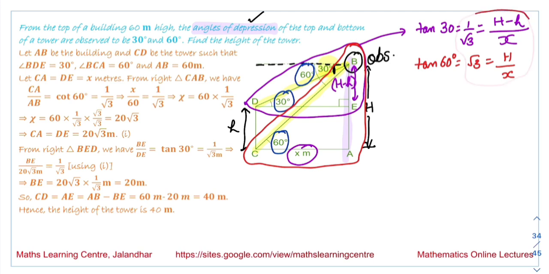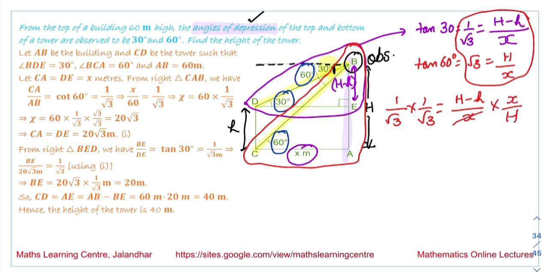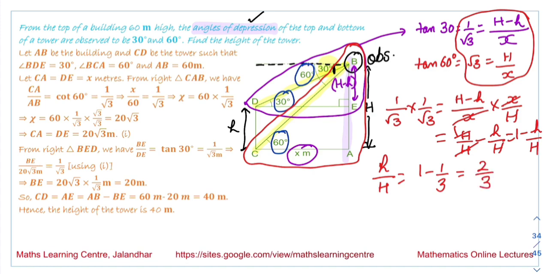If we divide both these equations, we get 1 by root 3 into 1 by root 3 is equal to capital H minus h over x into x over capital H. These x get cancelled, and we are left with capital H minus small h over capital H. This is equal to 1 minus small h over capital H. So small h over capital H is equal to 1 minus 1 by 3, that is equal to 2 by 3.